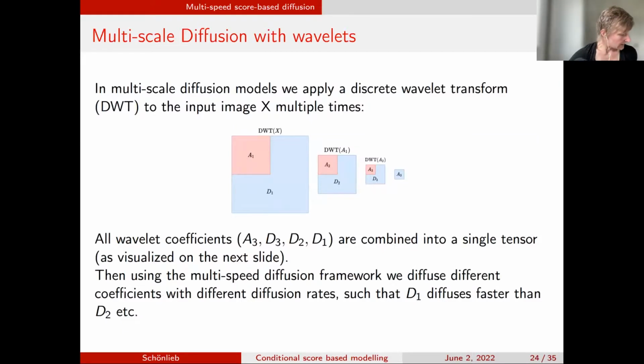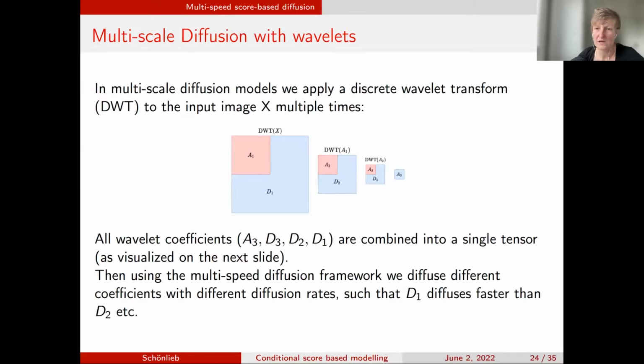So one last thing, or actually I should maybe stop. Why don't I skip this? Maybe just one thing. You can use this multi-speed diffusion idea also in other ways. For instance, you could imagine that you transform your image into another domain, like the wavelet domain.